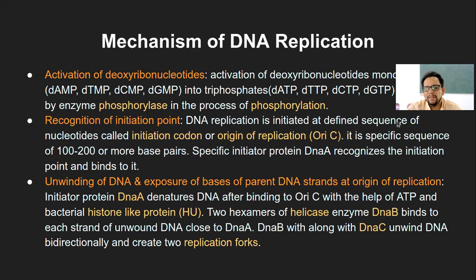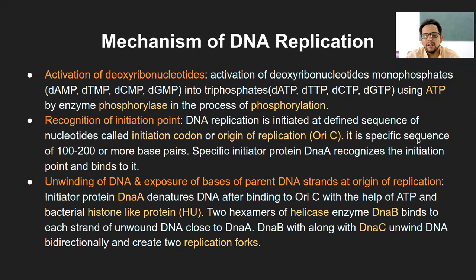So this defined sequence does not only mean the ATG as such, but along with that, there will be another. So in a way, you can say there are two start sites, but not literally, because one is what we call the initiation point, and one is the actual starting point of the gene.